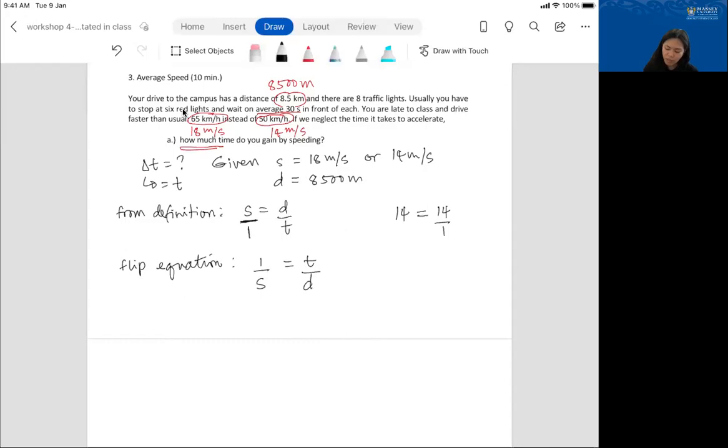It's the same concept here. Let me just erase this. It's the same concept. If we flip s, it's 1 over s, because s is implicitly divided by 1. All right, does that make sense? I hope that's not confusing.